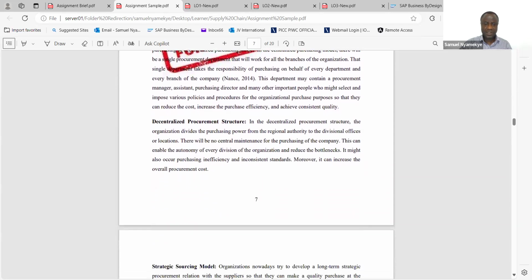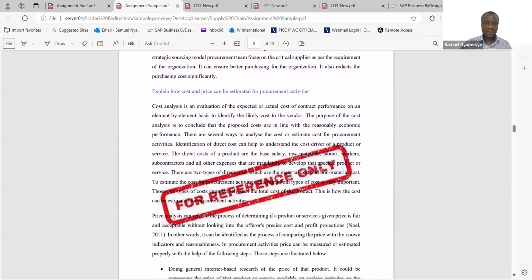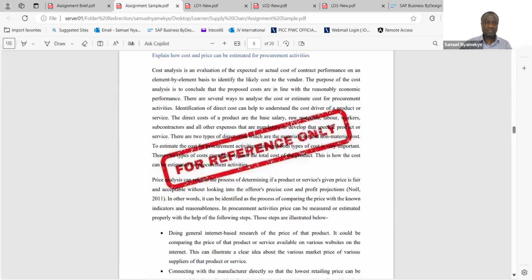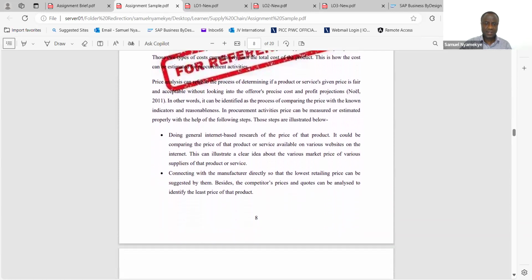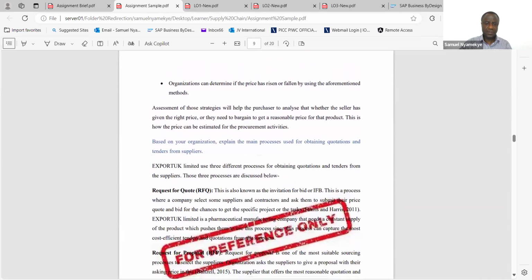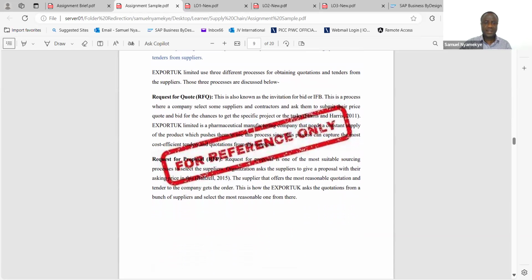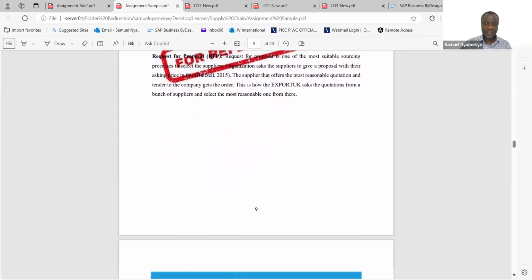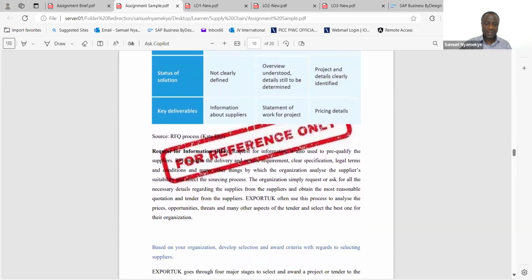There's also the decentralized type, so mention all of them. Cost and price, you look at the cost and price analysis briefly, and like we mentioned, the RFQs and RFPs and RFIs, you need all of them. You can mention them here.